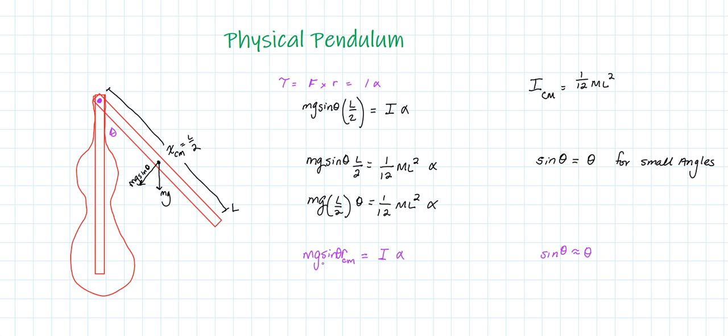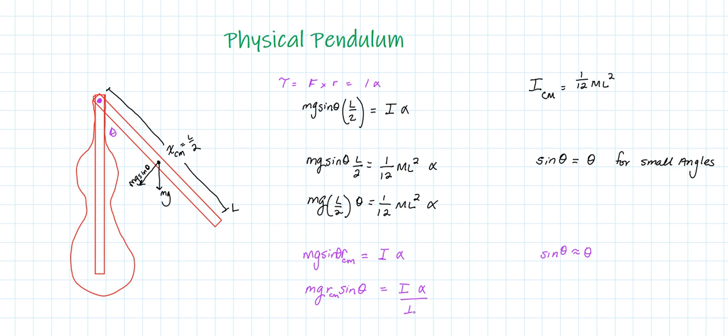And what I can show here is that at very small angles, if I was going to set up my equation to solve the differential equation, I would have something like this. So mg r at the center of mass times sine theta equals I times alpha.